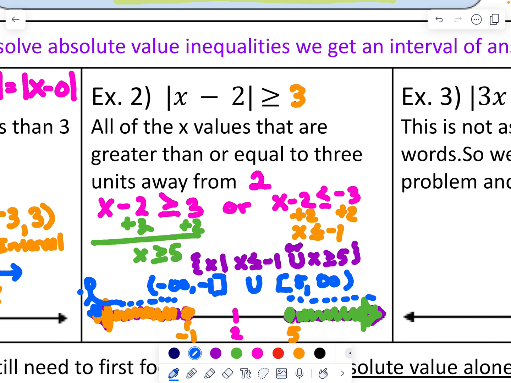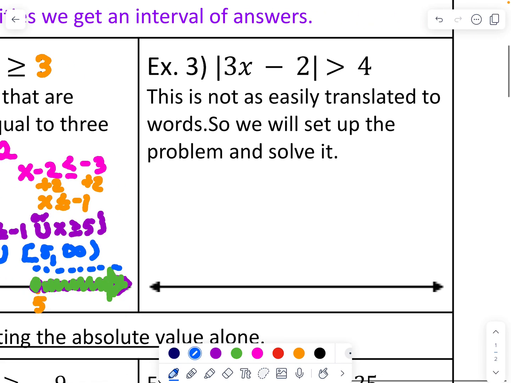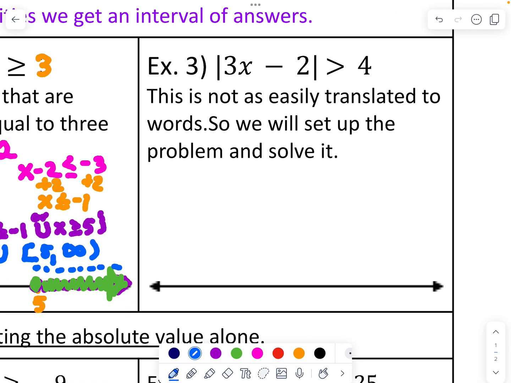But you guys can see that the graph that we originally got is the same exact values as what we have already graphed on our graph. This one's a little more difficult because this linear term has a coefficient, right? So what we're going to do is not translate this so easy.